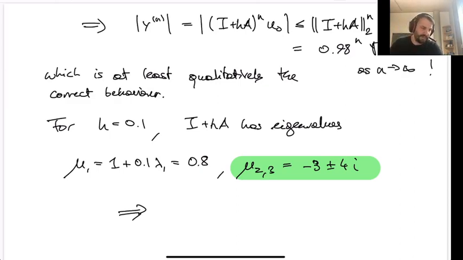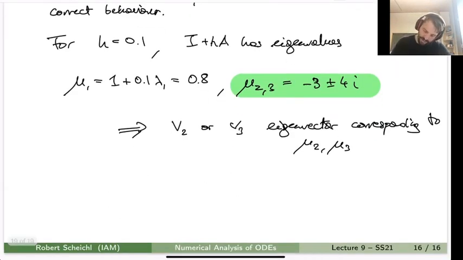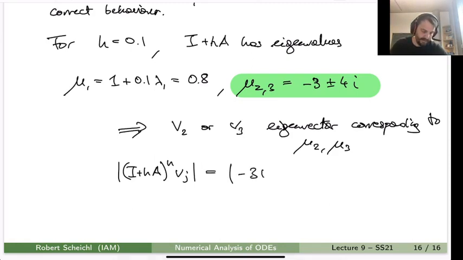If we take the eigenvector v2 or v3 corresponding to mu2, mu3 respectively, then I plus HA to the n applied to any of those two will be not just less than or equal, but equal to minus 3 plus minus 4i to the n times the norm of vj.